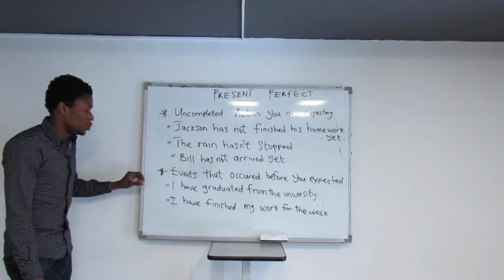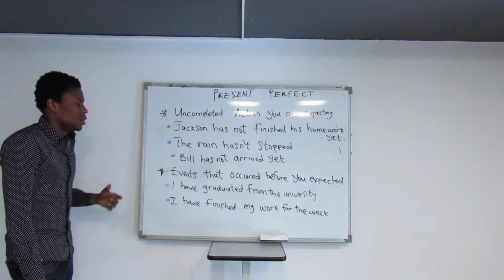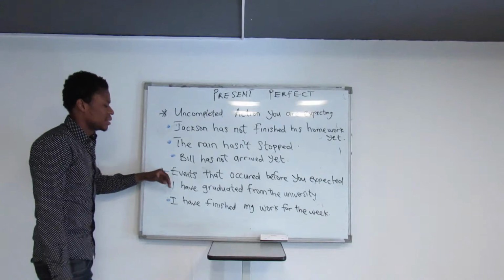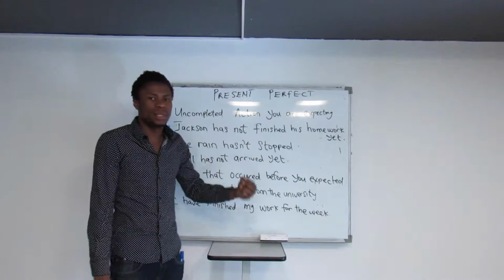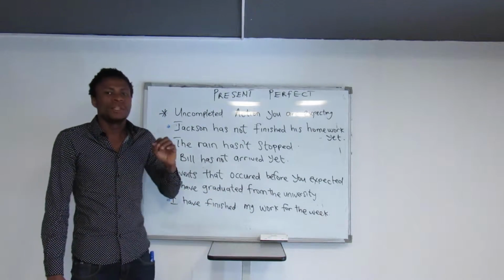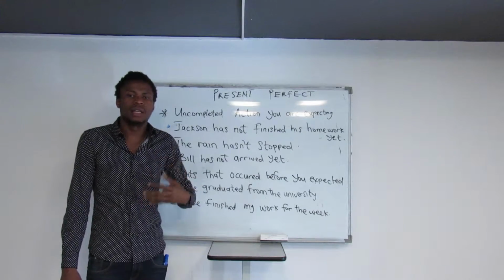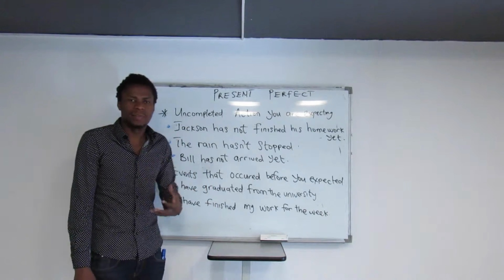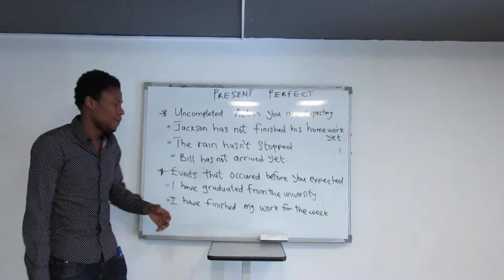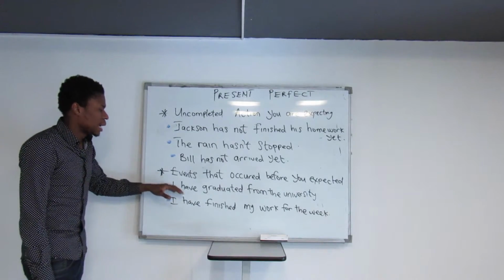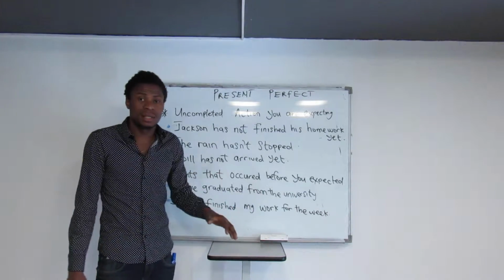Now, another way to use the present perfect, we use it to talk about events that occurred before you expected. It means something that happened earlier than you expected. So you didn't expect it, so it just happened faster. For example, I have graduated from the university.